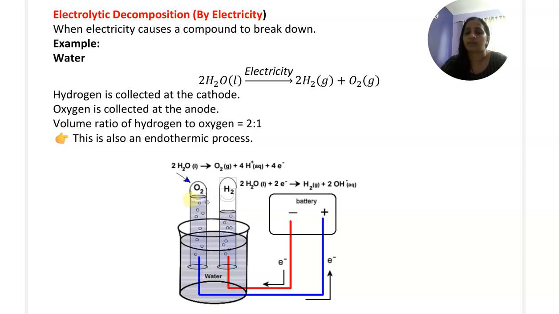You will get hydrogen and oxygen released whenever you pass electricity through this acidified water. We add acid to water to increase its conductivity. In the anode you will get oxygen gas and in the cathode you will get hydrogen gas. So this is called electrolytic decomposition of water.